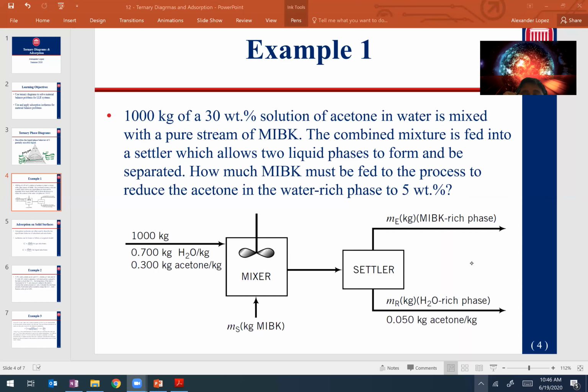We have 1,000 kilograms of a 30 weight percent solution of acetone and water is to be mixed with a pure stream of MIBK. The combined mixture is going to be fed into a settler unit, which allows the two liquid phases to form and be separated. The question says, how much MIBK must be fed to the process to reduce the acetone in the water-rich phase to 5 weight percent?